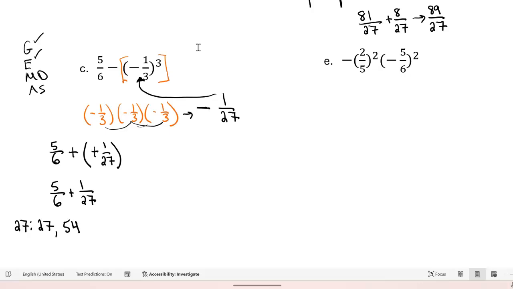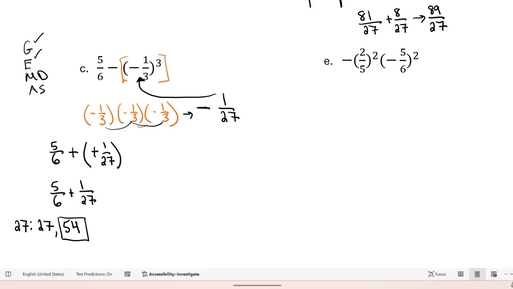Does 6 go into 54? Let's check. So you do 54 divided by 6, and that gives you 9. So 54 is my greatest common factor. Or, sorry, my lowest common denominator. All right, which is what I need.